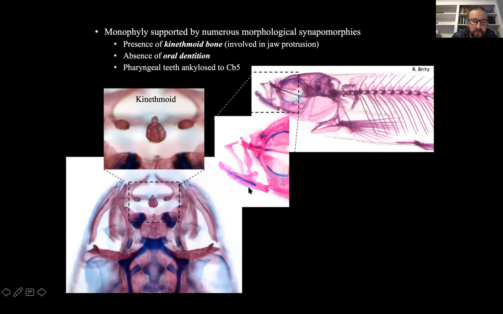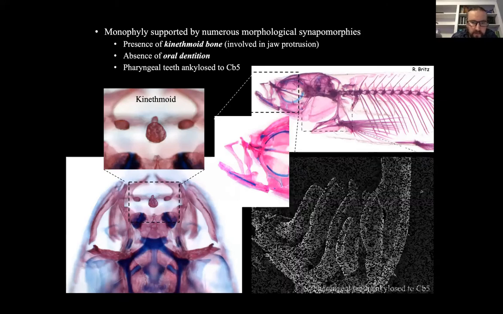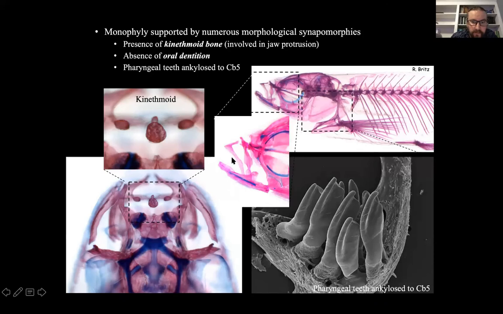The jaws are edentulous, that means that they lack teeth, but they have a very impressive set of pharyngeal teeth at the back of the gill arches. And these teeth can be very important for taxonomy, depending on the group. So all cypriniforms have these characters, and they're very useful synapomorphies that define the group as monophyletic.